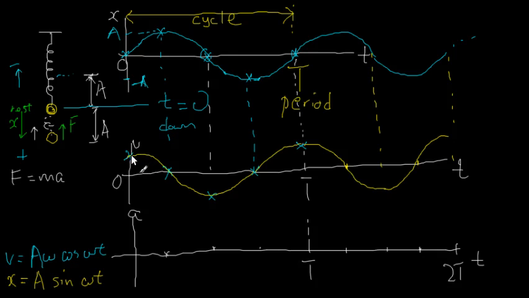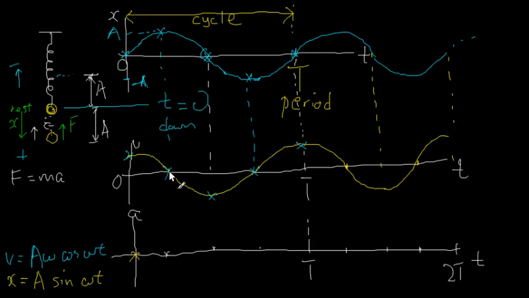If I start by thinking about the gradients of this graph, at this point the gradient of the VT graph is 0 because the graph is horizontal at this point. So that means that the acceleration is 0. So that's 0 there. Now at this point, you see the slope is negative. It's going to the right, but that's a negative slope.